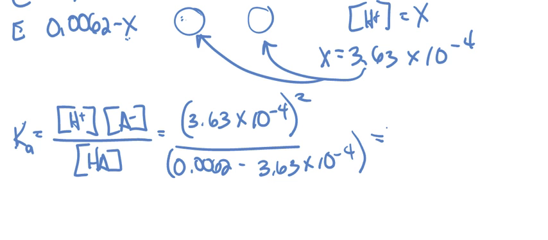I got that number. And what's great about the answer button, you don't have to type these back in if you know how to use your answer button. So I'm going to go answer square divided by 0.00 and open the parentheses, of course. So divided by parentheses 0.0062 minus answer, close the parentheses, equals. And I get 2.26 times 10 to the negative 5. Okay?